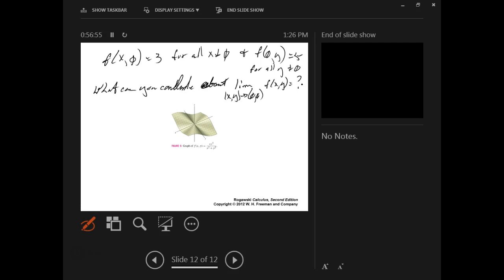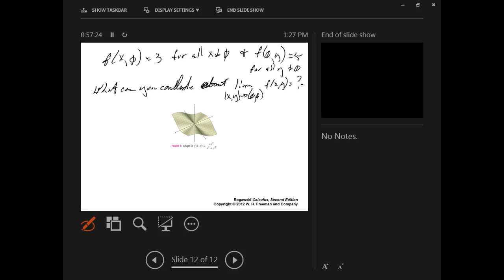But f of 0y, where x is always 0 but y is any value at all, is 5 units out. So if it's 3 units out there and 5 units out here, what is the limit as x, y approaches 0, 0? It can't possibly exist.